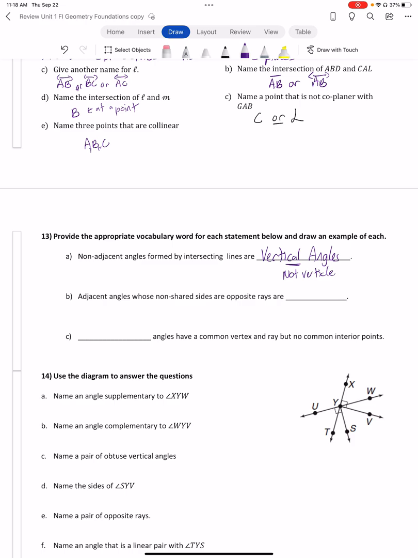Adjacent angles whose non-shared sides are opposite rays, so they're adjacent angles, which means they share a side, but their other sides, one goes in one direction, one goes in the other direction. That's going to be a linear pair. Angles that have a common vertex, a common ray, so they have that in common, but nothing else in common, are called adjacent angles.